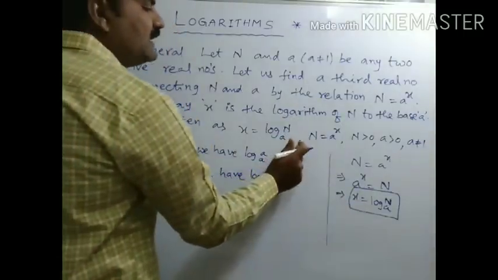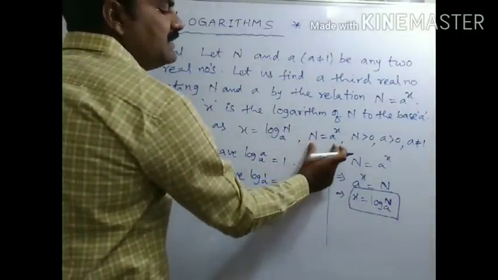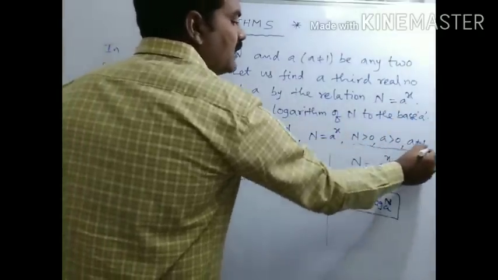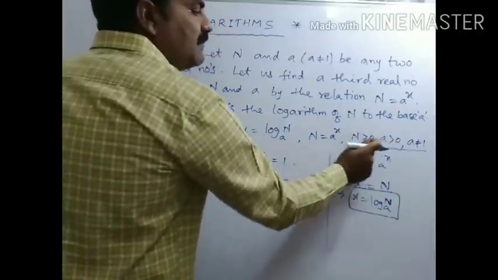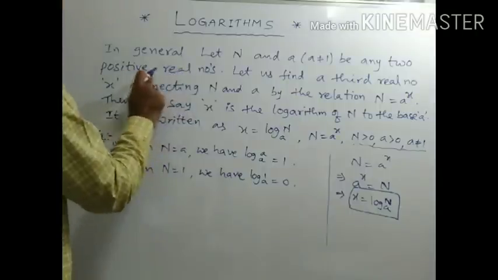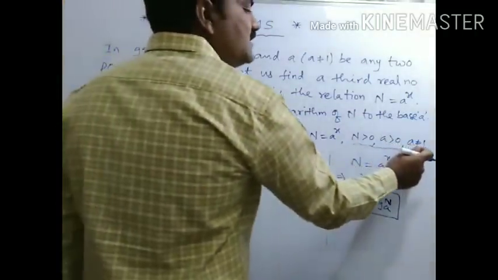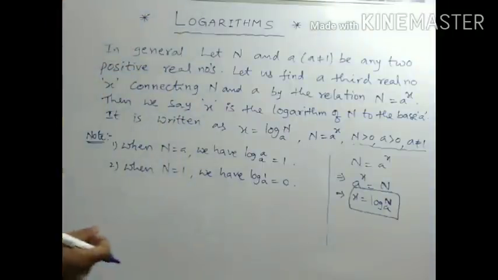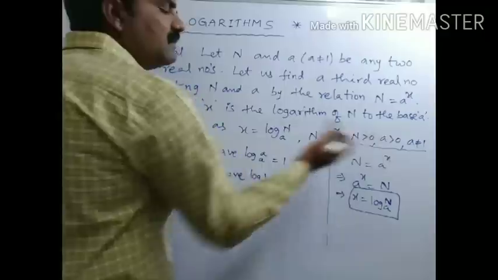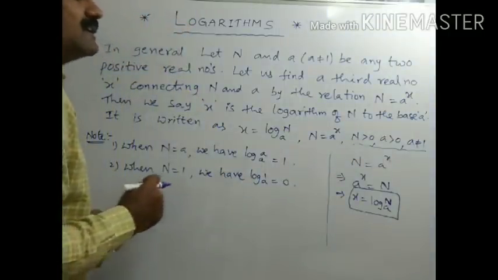What are the conditions here? The relationship between them is N equals a power x. And moreover, this is very, very important: N and a must be greater than 0, so they are any two positive real numbers. And moreover, the condition is a not equal to 1. So N equals a power x is the relation between three positive real numbers.